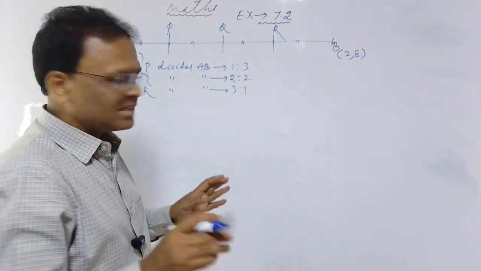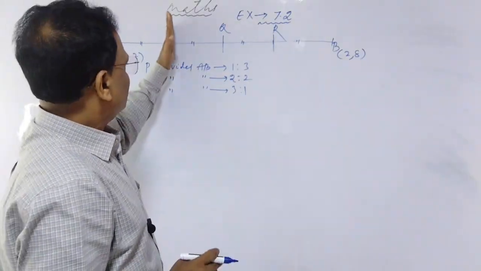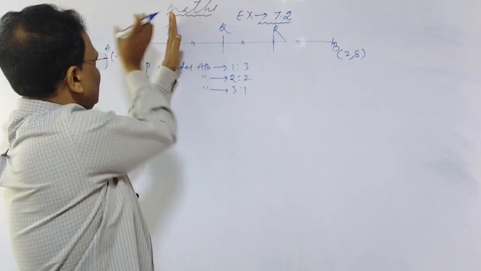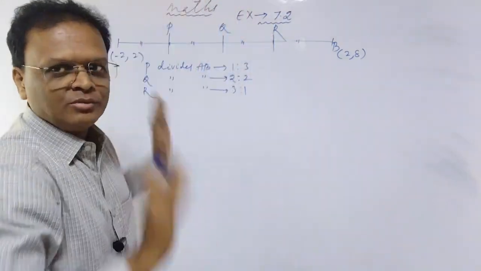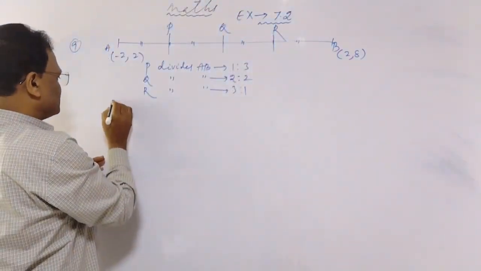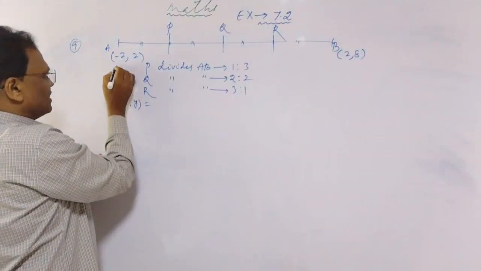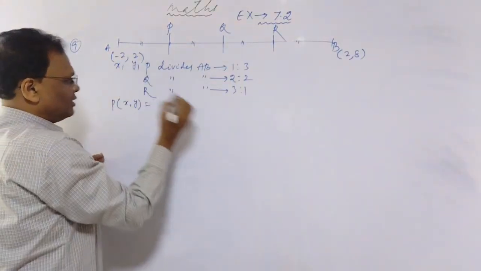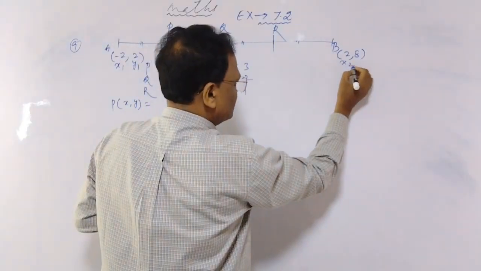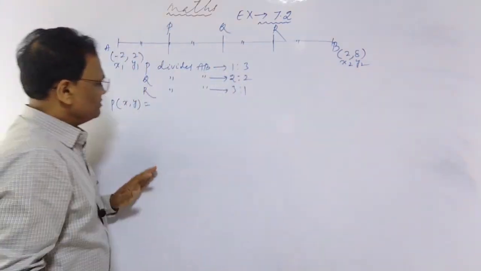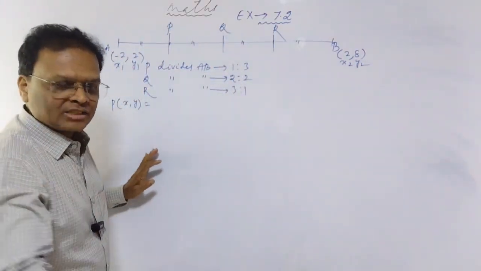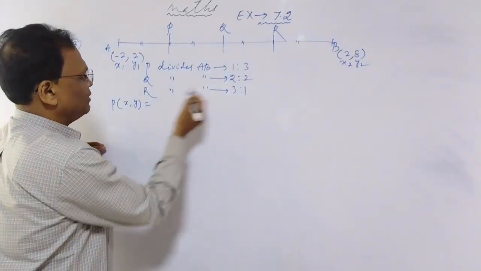So if I find P first, I will use the section formula, because this point divides the line segment in the 1:3 ratio. So first I am defining P(x, y). This is (x1, y1), and this is (x2, y2). So use the formula: m1 x2 plus m2 x1, divided by m1 plus m2.